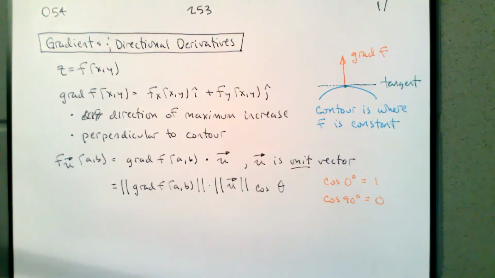If the angle between the gradient and the direction we care about is 0 degrees, then the cosine will be equal to 1, and that will be the maximum value of the directional derivative. We didn't choose to use cosine instead of sine. Cosine is the one that works. It has to do with the adjacentness.